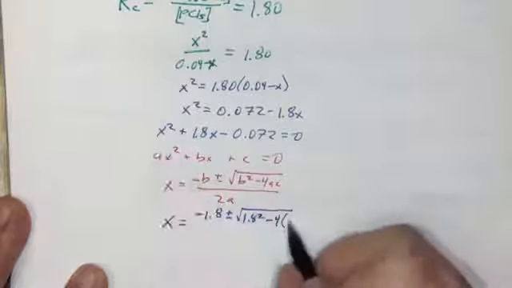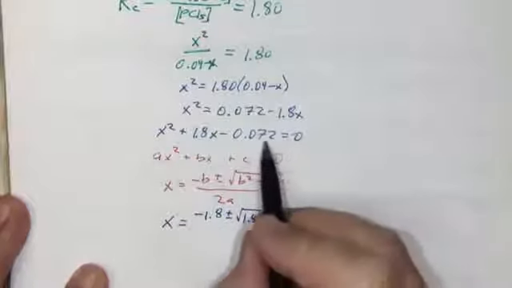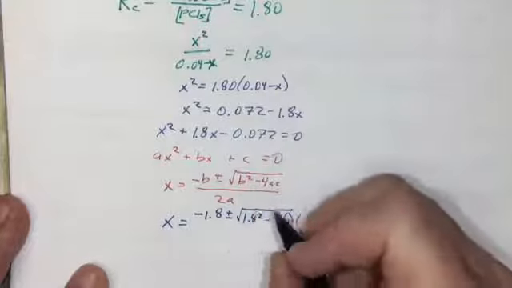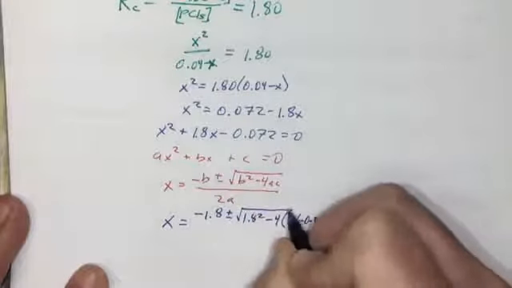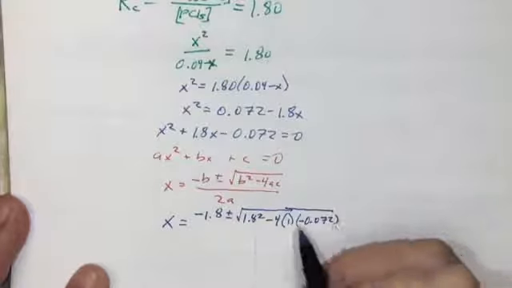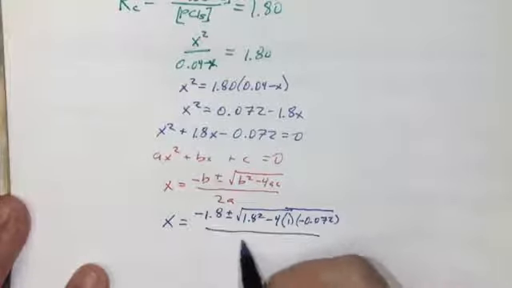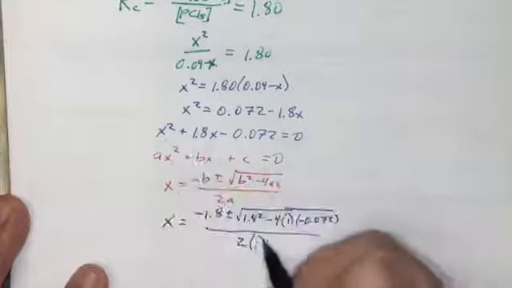Well, what is a? a is 1, times c. What is c? c is negative 0.072. And that's divided by 2a, and a is 1.